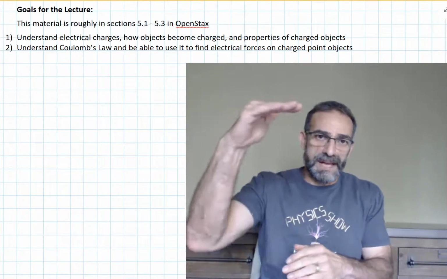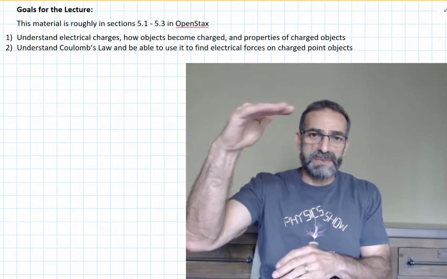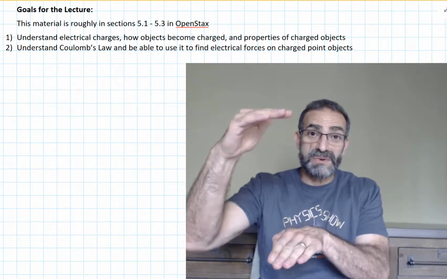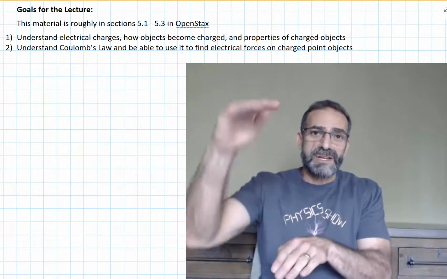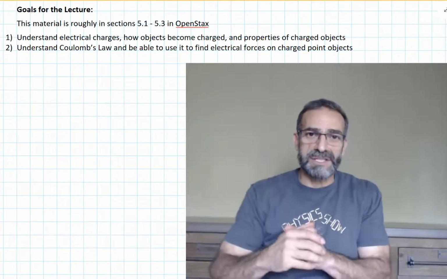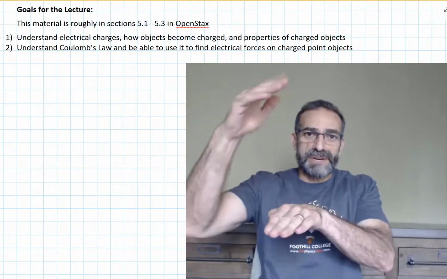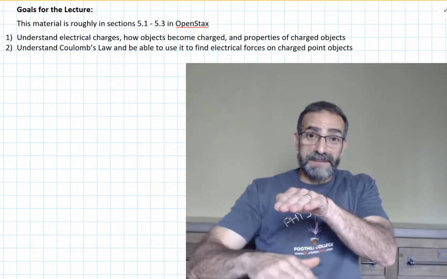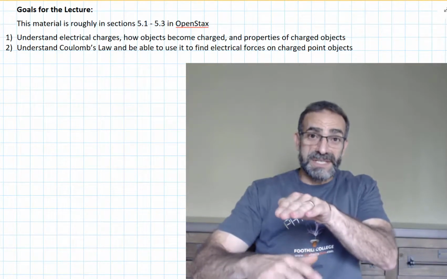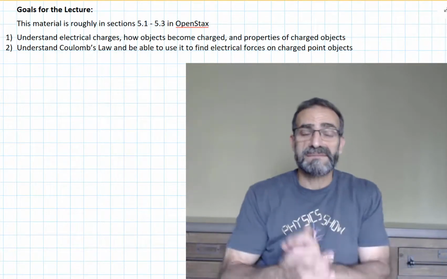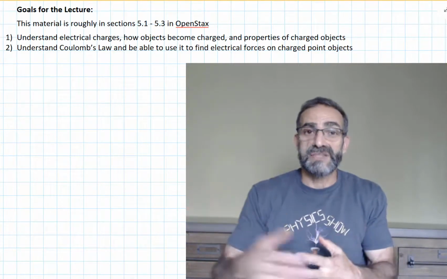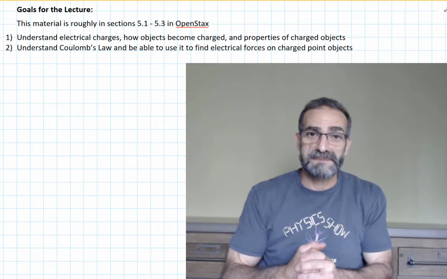So if you have a material up here that holds on to its electrons really strong, and one down here that doesn't hold on to them very strong, and you rub them together, you know this material becomes negatively charged and this one becomes positively charged. But if you take this material and rub it against one that's below it in the triboelectric series, then it would become negatively charged instead of positively charged, and so on. So you can look it up and see which one gains electrons and which one loses electrons.